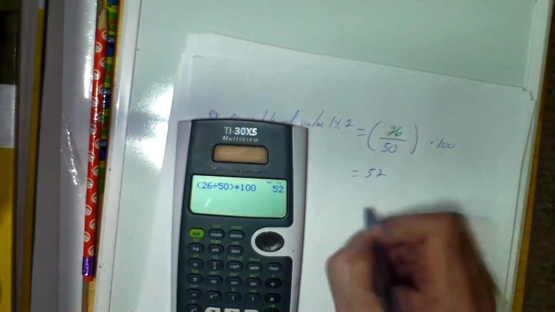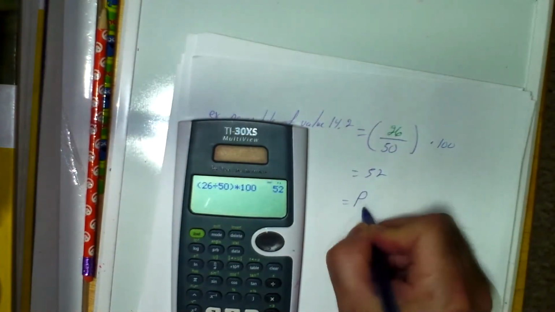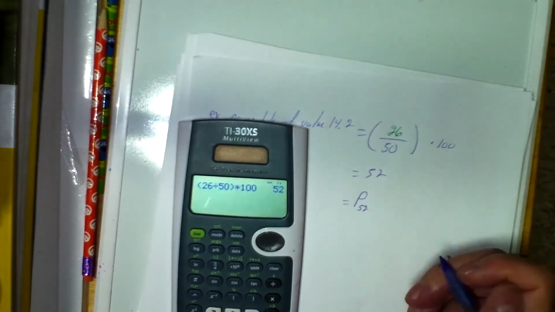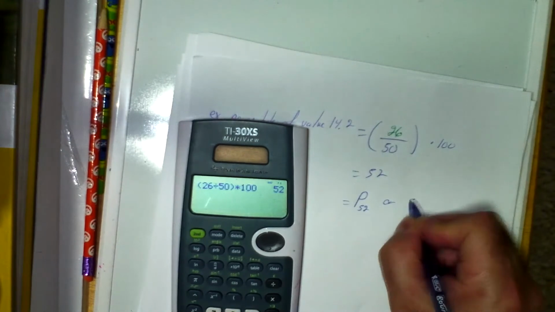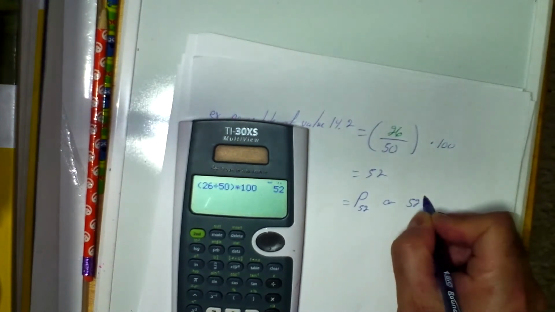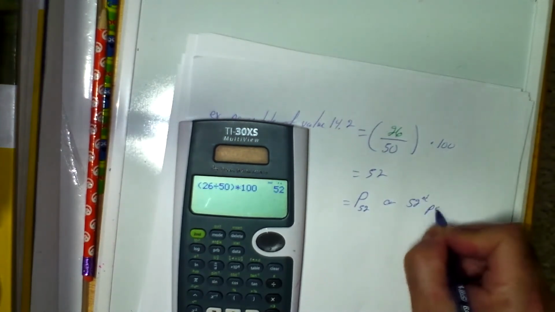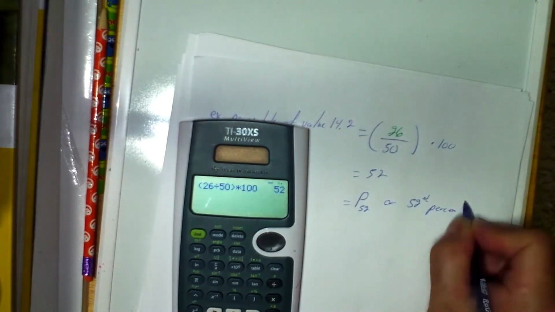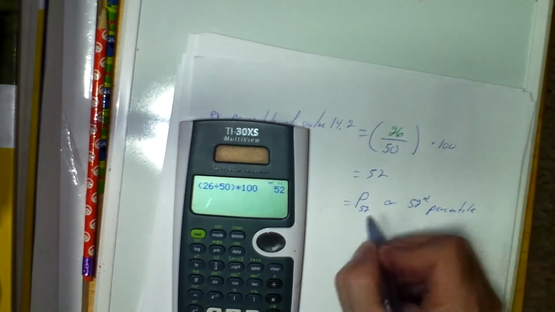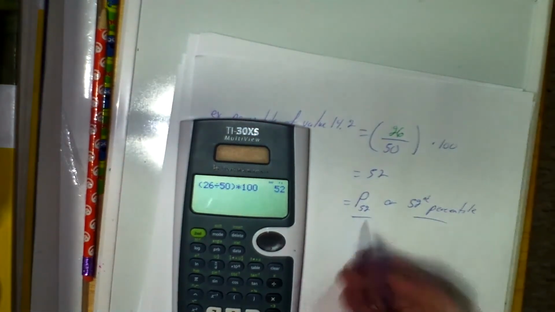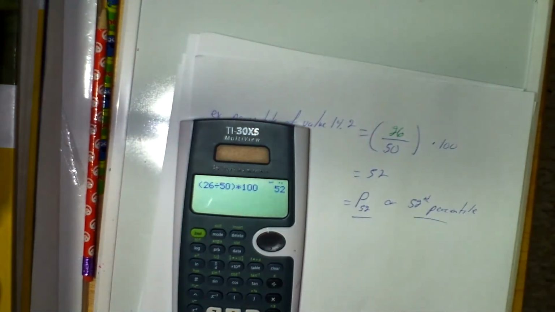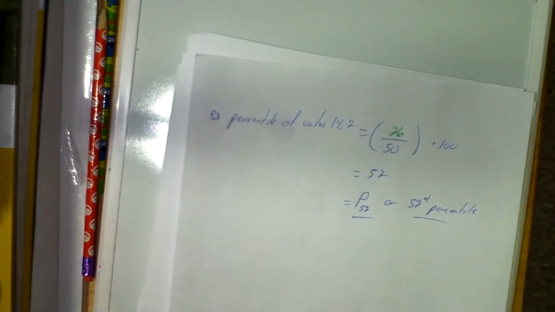So you're going to write your answer as P subscript 52, or you can write it as the 52nd percentile. Either is good. I would prefer the first one; it's much cleaner, I guess. That's how it works.